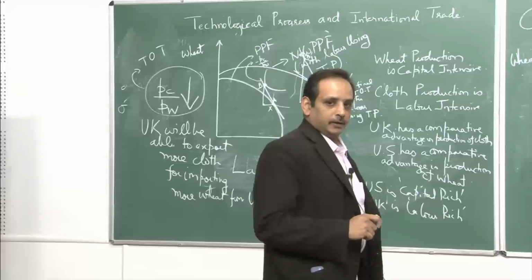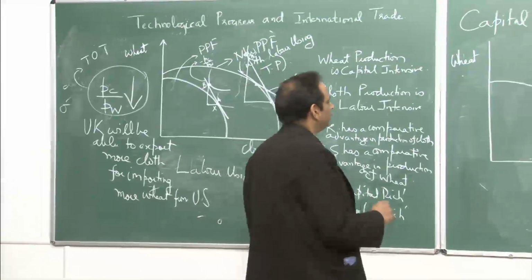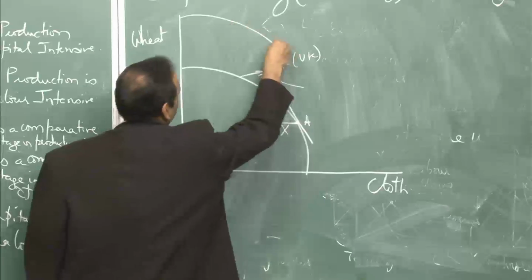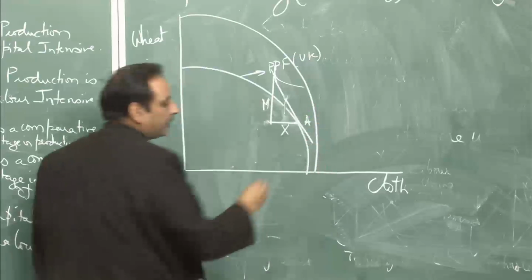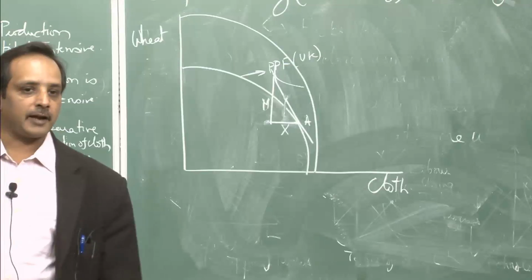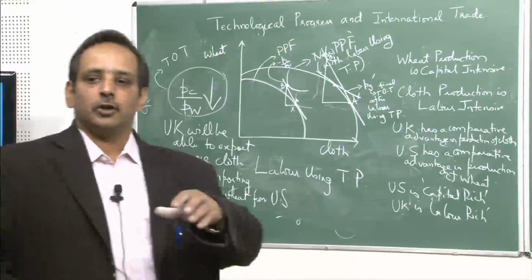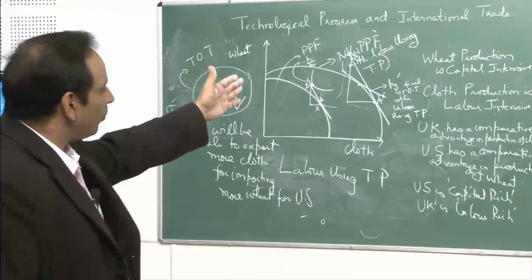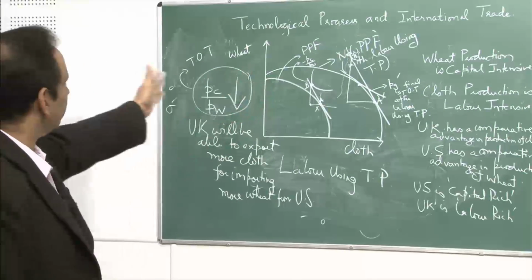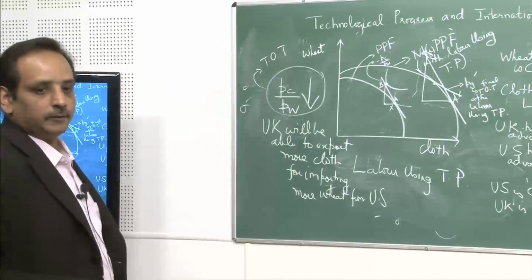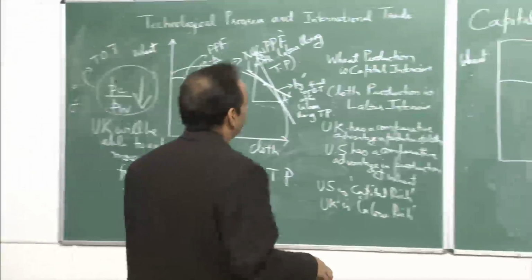Whatever it be, the new PPF will be more tilted towards the production of wheat, reason being that it is a capital using technological progress. More capital is used. So, when more capital is used, more wheat will be produced, because wheat is a capital intensive product.